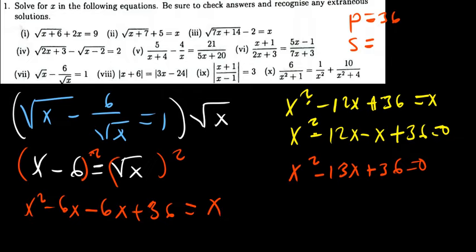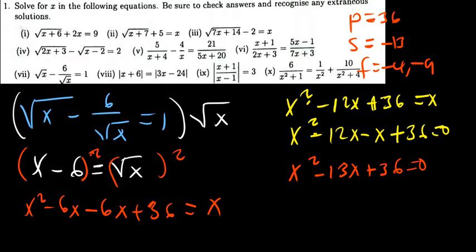So the product is 36. The sum is negative 13. What are the factors? The factors should be negative 4 and negative 9, because that times gives 36 and the sum is negative 13.